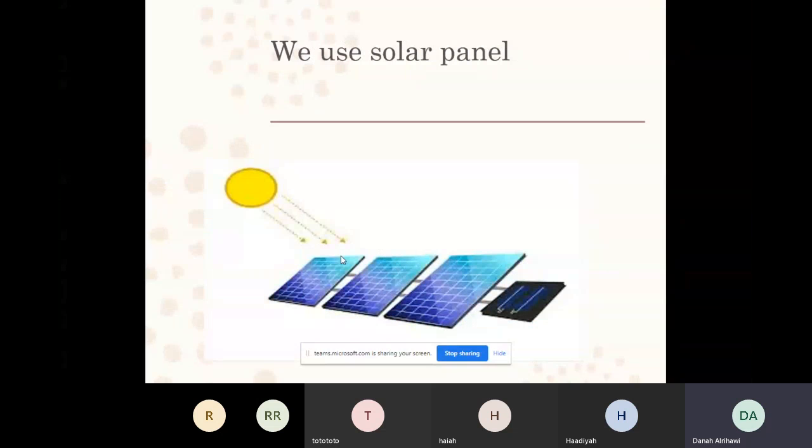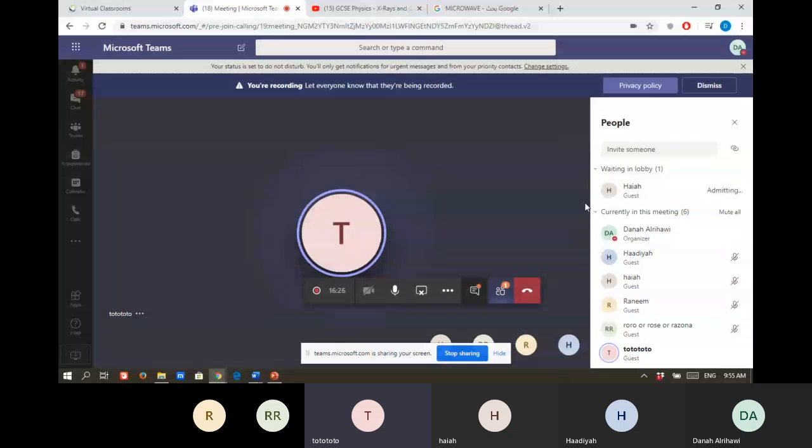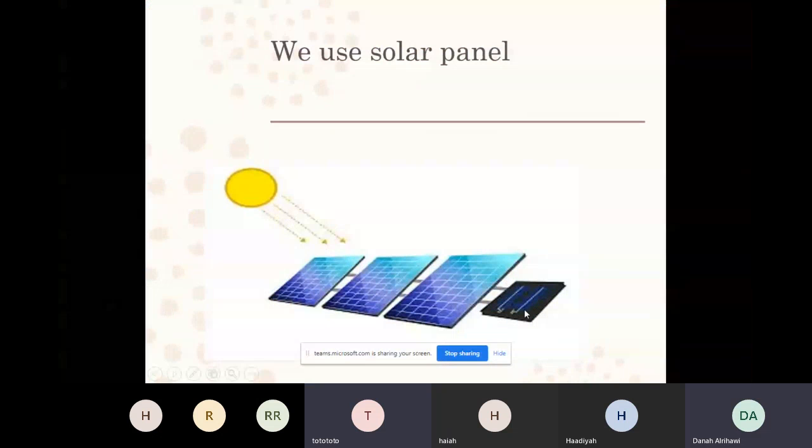Now, Taima, can you help us with why we need light energy and why it's important for us? The light energy, like the solar panel gets the heat from the sun, then the solar panel gives us warmth for water and houses.